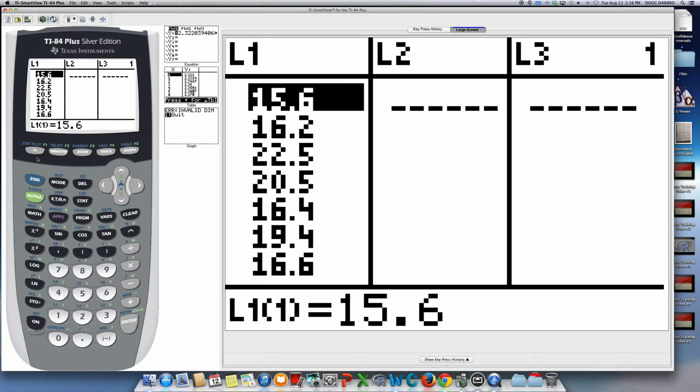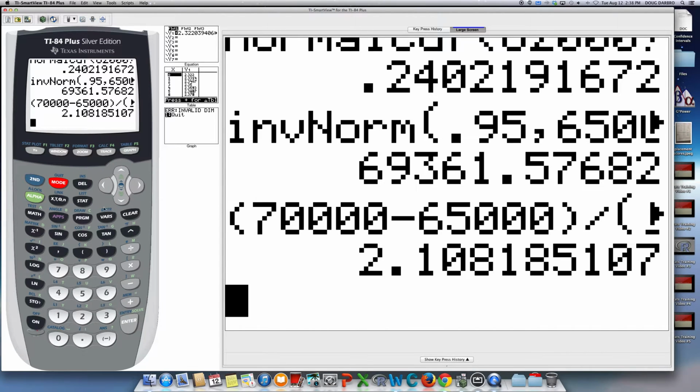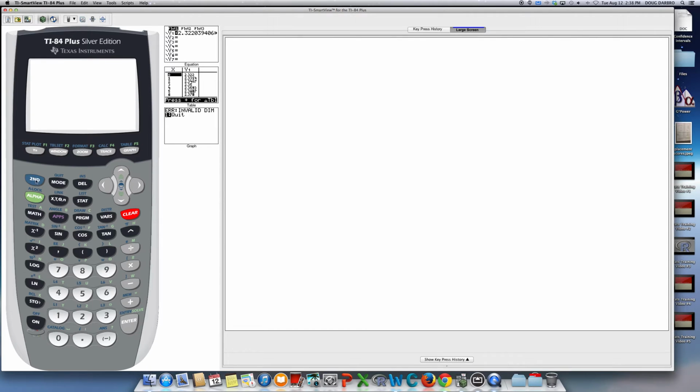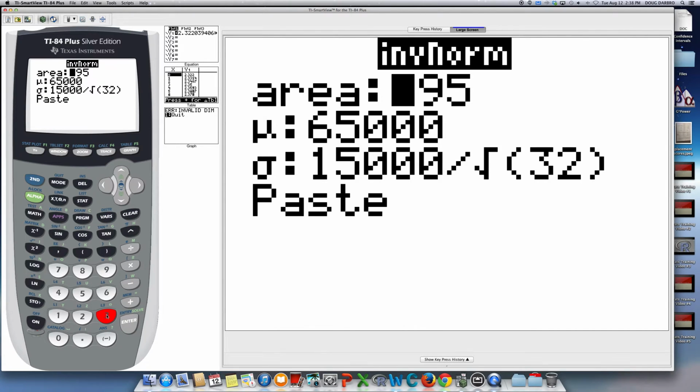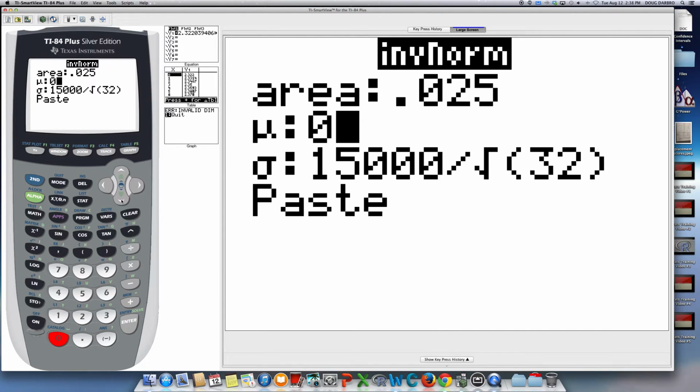And since I'm dealing with the normal distribution, I would go second distribution, go to number 3. Now my left value, the area below that, if you think about 95%, I'm missing 5%. So to the left of that one point would be 0.025. Mean 0, standard deviation 1.